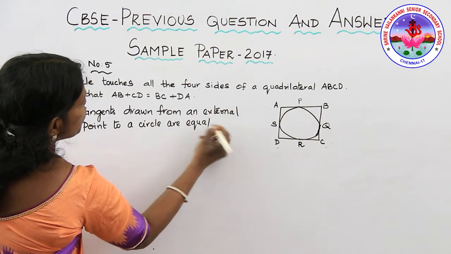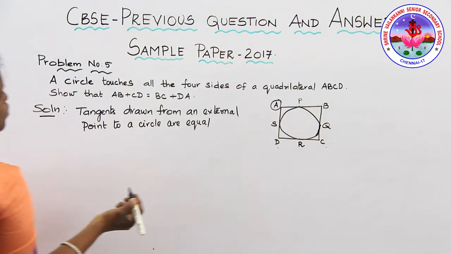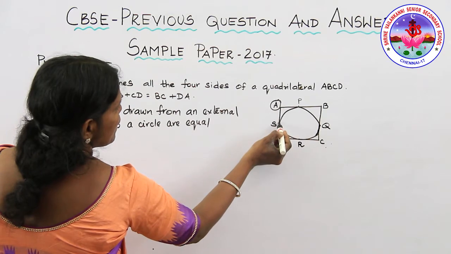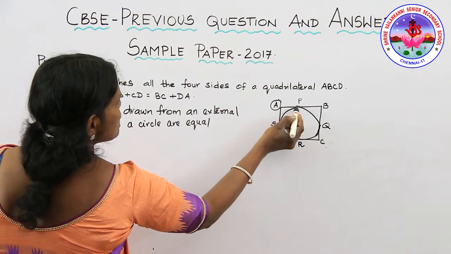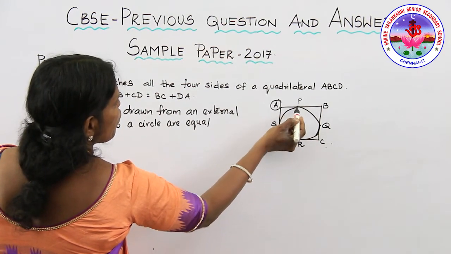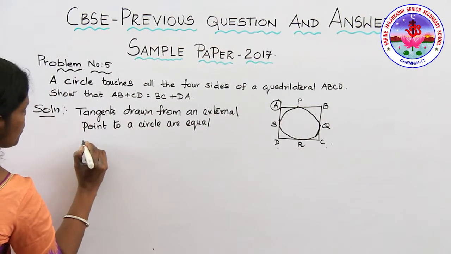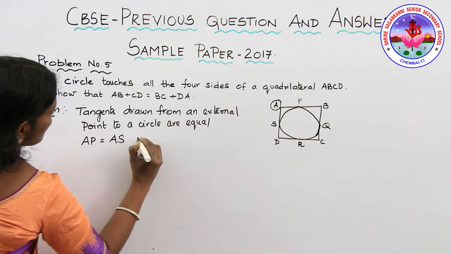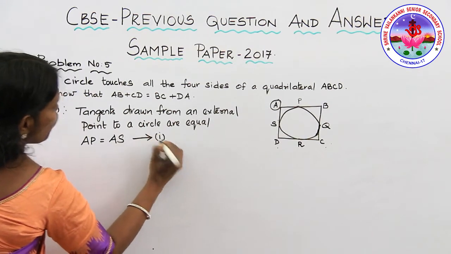So when I talk about the external point A, where the tangents are AP and AS, the lengths of the tangents drawn from an external point to a circle are equal. So I get AP is equal to AS, calling this equation 1.